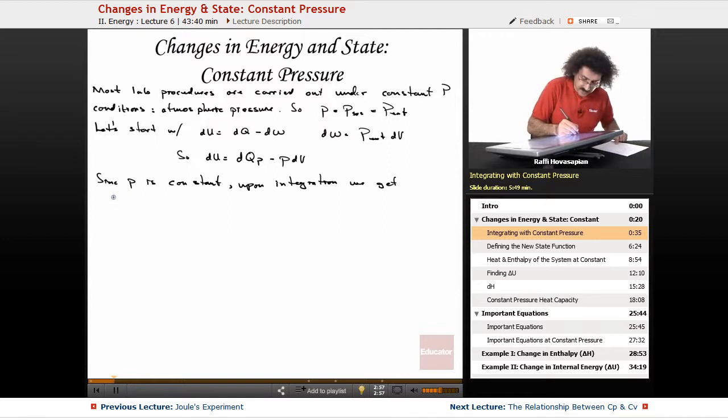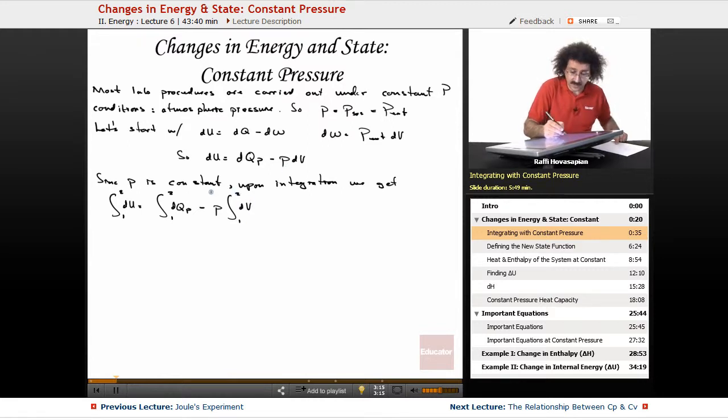We get the integral from an initial state to a final state of dU equals the integral from initial to final state of dq sub P minus P times the integral from the initial state of dV. Again, pressure is constant, so we can pull it out of the integral. Instead of using the delta symbol, I'm going to write it out explicitly.